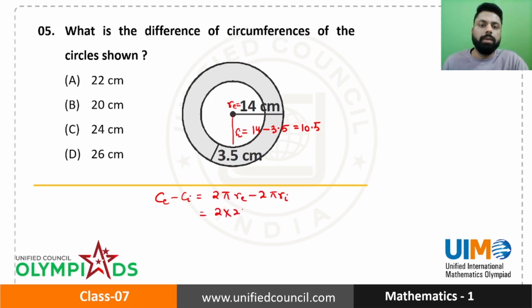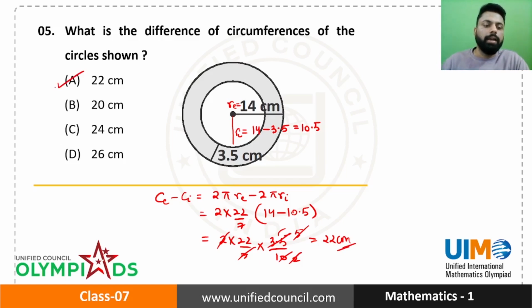This is 2 multiplied by 22 upon 7, which is common, multiplied by (14 minus 10.5), that is 2 multiplied by 22 upon 7 multiplied by 3.5. The 7 and the 3.5, 2 times, will get cancelled out. So this is equal to 22 centimeter. A option is the correct answer.